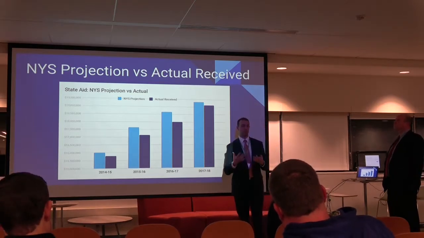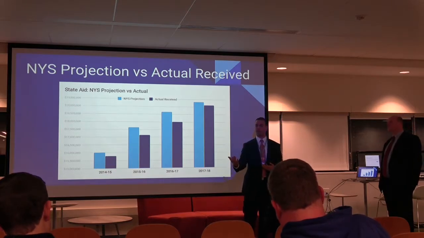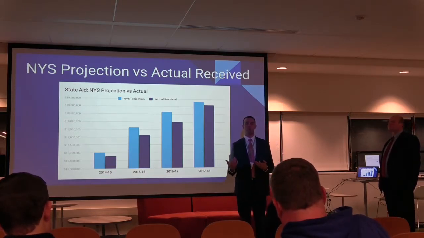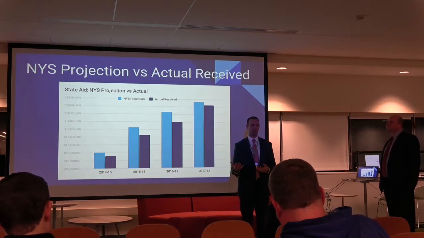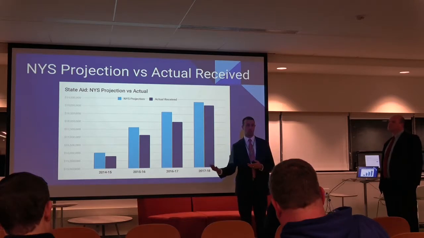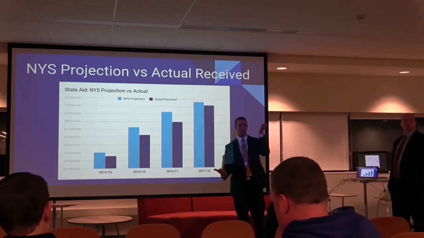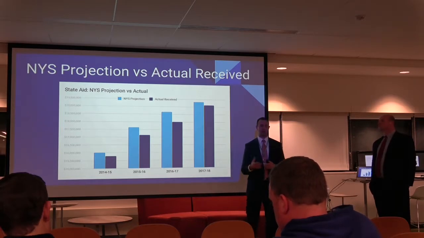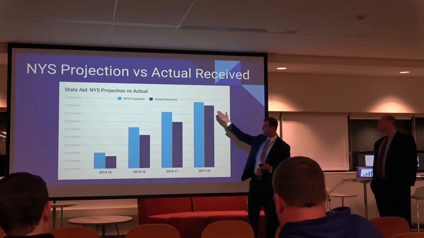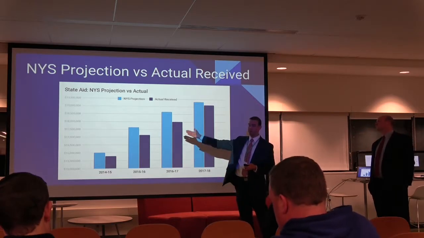And again, they need to prepare for their worst case scenario, the fact that we may actually do that, and then they would have to pay us the building aid. Well, we knew that that project wasn't going to be complete and filed in time for that building aid to come in. So we had a large discrepancy between the amount that we're actually going to receive and the amount that the state says that we're going to receive, or the state's worst case scenario, what they might have to pay us. So oftentimes there is a disparity between what they say we're going to get and what we actually receive, as evidenced by the past four years of actual data.